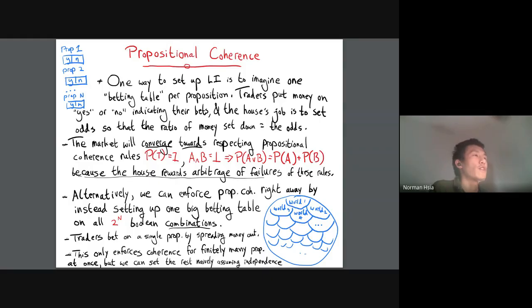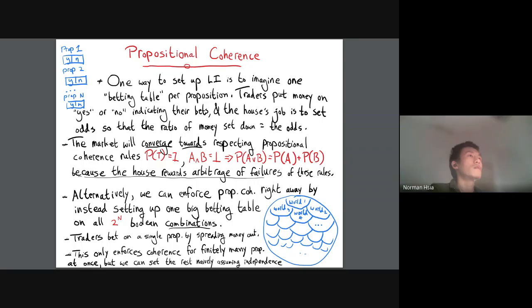And as for the big betting table on worlds, Abram, could you elaborate a bit on what this actually refers to? What are the Boolean combinations? Is it that there are n propositions and each world assigns a truth value to each of the n propositions, so that there are 2 to the n? Right. Yeah.